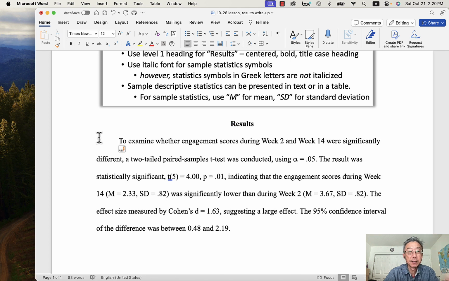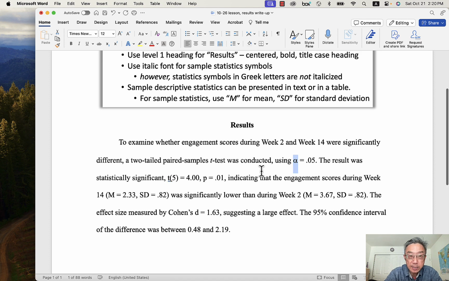Indent the first line. To examine t, so italicized. Alpha is a Greek letter, so it's not italicized. So t, italicized again. p is also italicized.